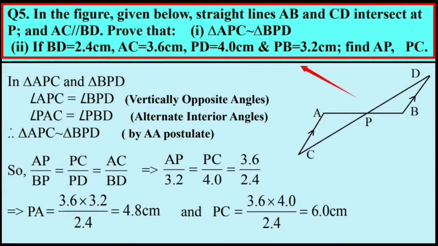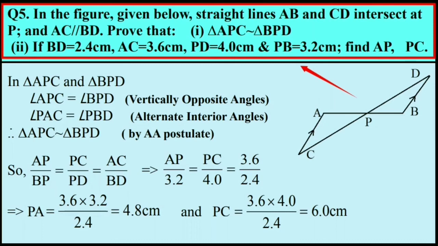Let's take another question. Question number 5. In the figure given below, straight lines AB and CD intersect at P and AC is parallel to BD. Prove that triangle APC is similar to triangle BPD.